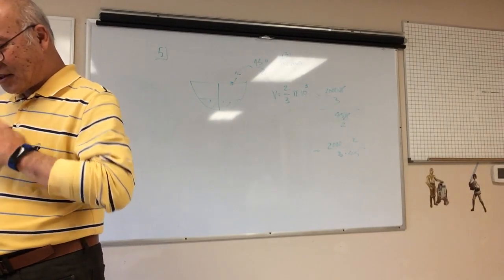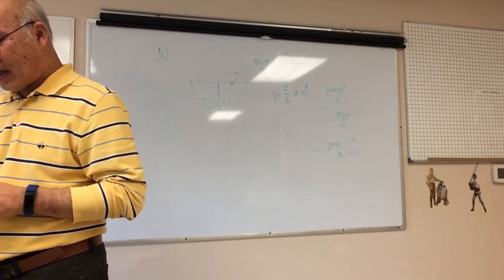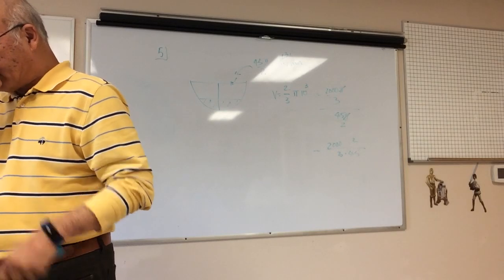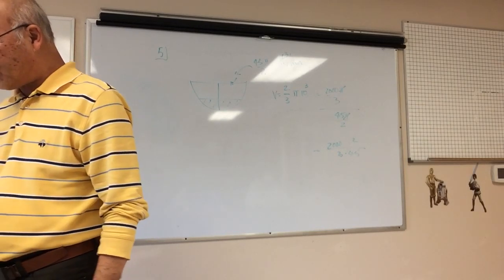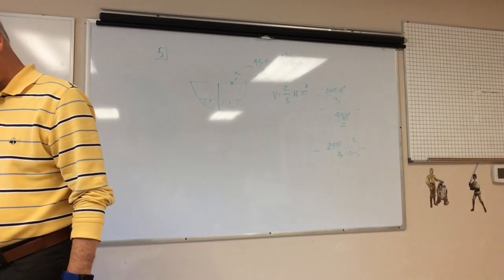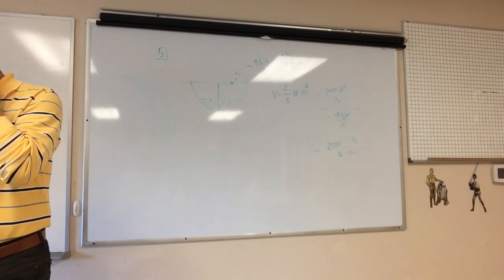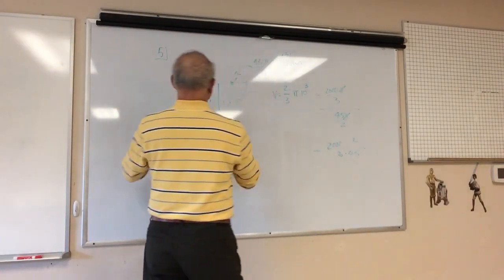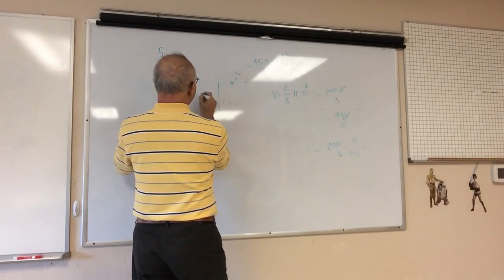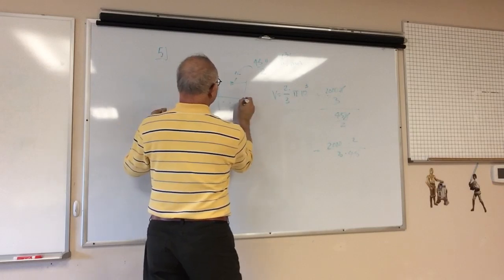Part C, here's the $64 million question. How fast is the water level rising when the water is 5 feet deep in the center? This is the question that we really want to know. Let's draw it at about 5 right there.